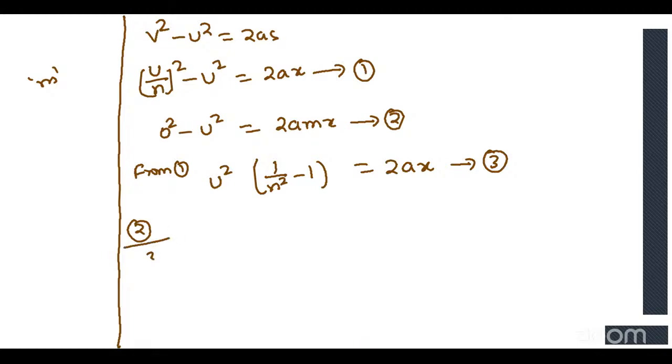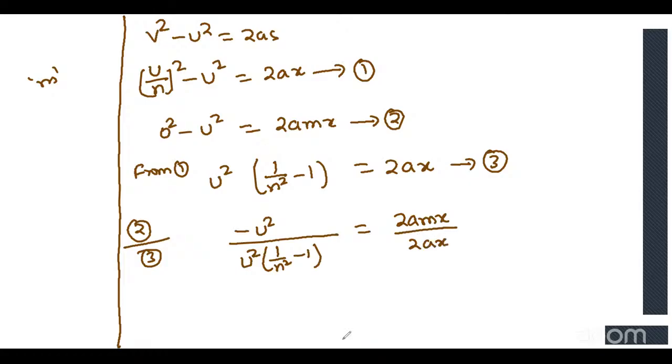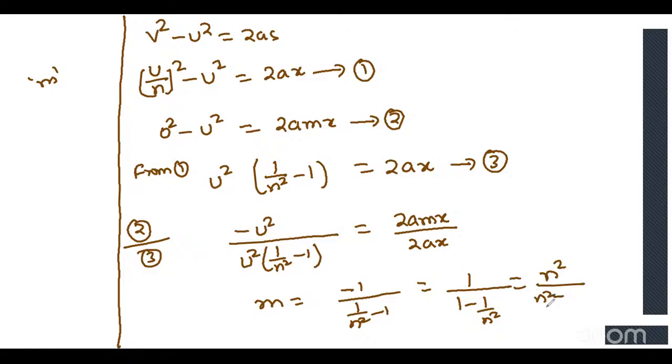Equation 2 by equation 3, that is minus u square by u square times 1 by n square minus 1 equal to 2amx by 2ax. So m equals minus 1 by n square minus 1. This I can write as 1 by 1 minus n square, so it is n square by n square minus 1.